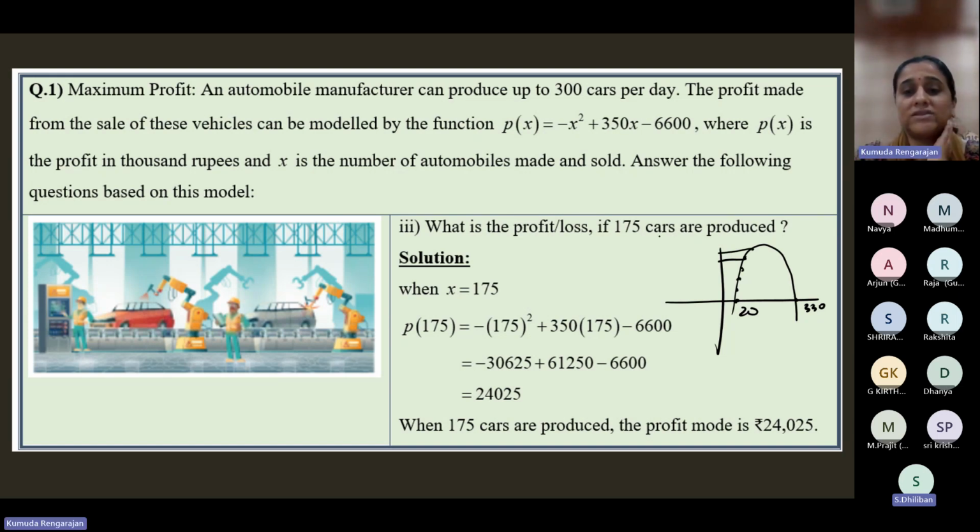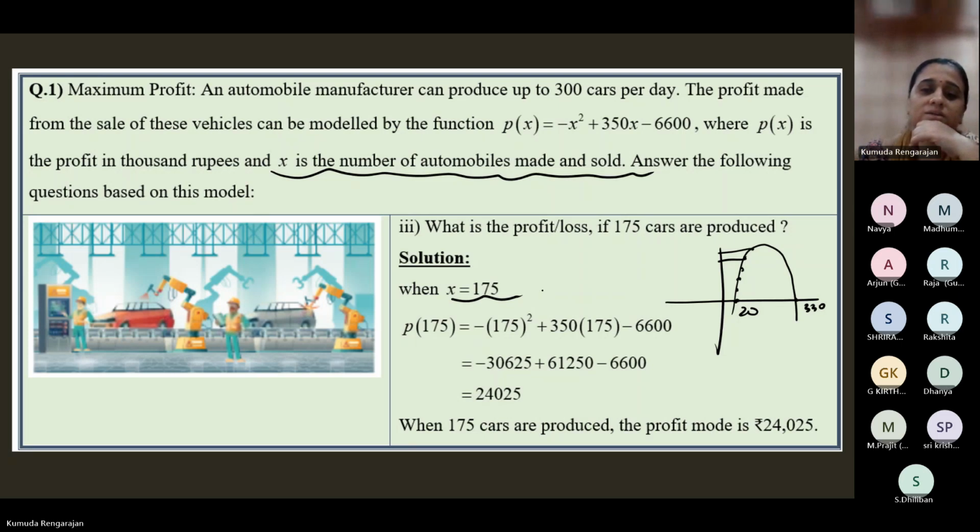So now 175 cars are produced. So 175 is the X value. X represents the number of automobiles made and sold. X is 175. When X is 175, find. So wherever there is X, put 175. Here you will have to be careful while calculating.